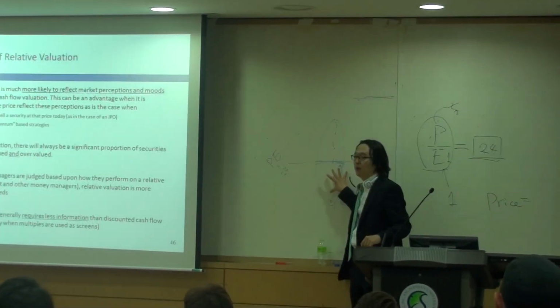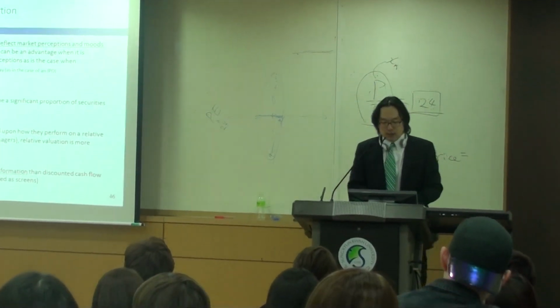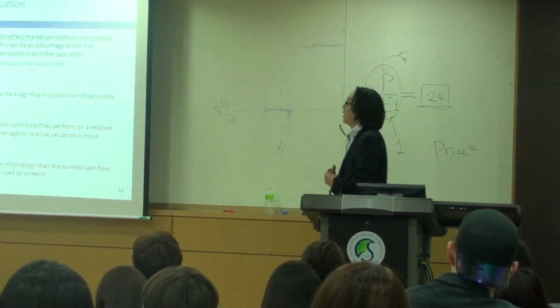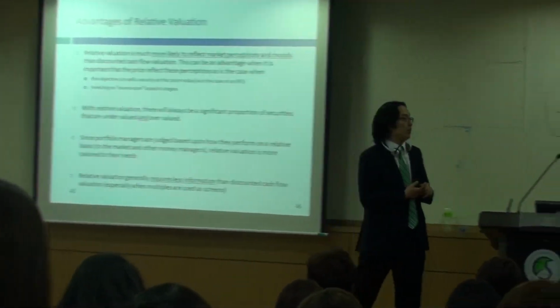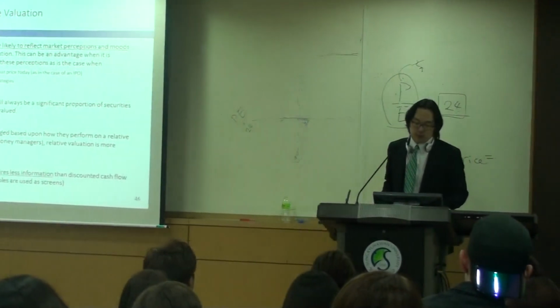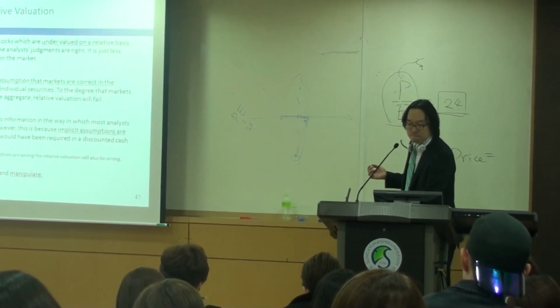How is your portfolio performing? In that setting, relative valuation will be helpful. And relative valuation requires less information than DCF, because all you need is just these multiples and then figure out where you are.